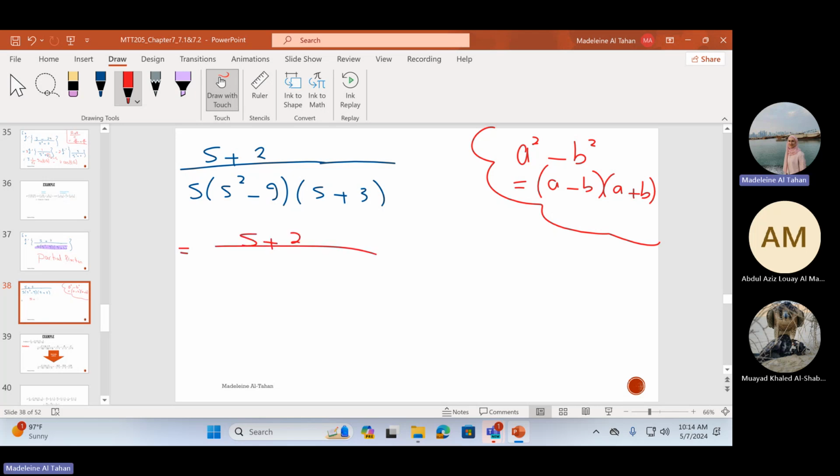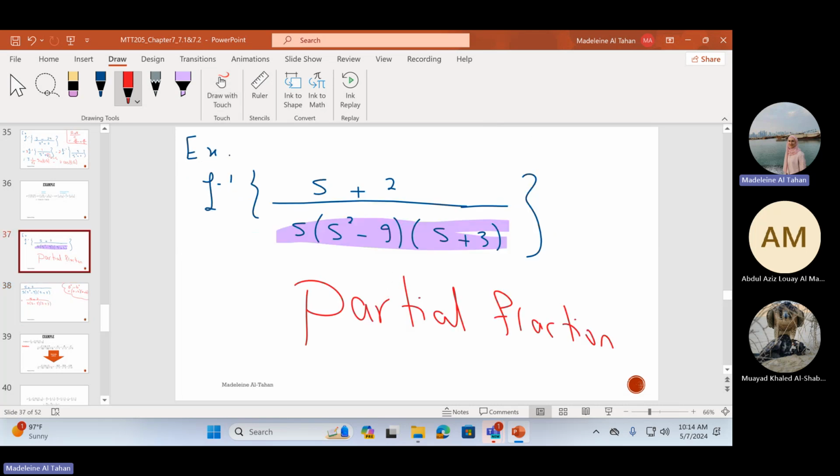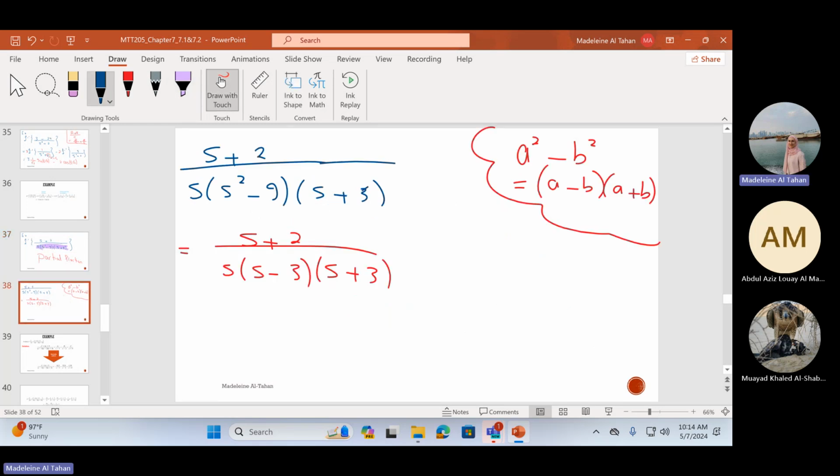S plus 2 over s into s minus 3, s plus 3. Miss, can we change just this 3? I wanted another value. Let's put it as 5 here. Just go to the question and put it as 6. Put this one as 6. This one as plus 3.